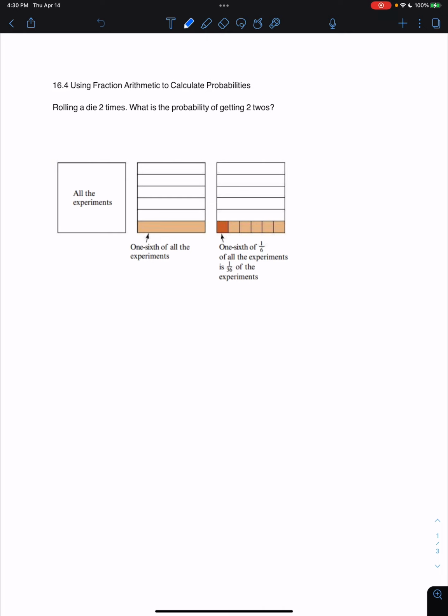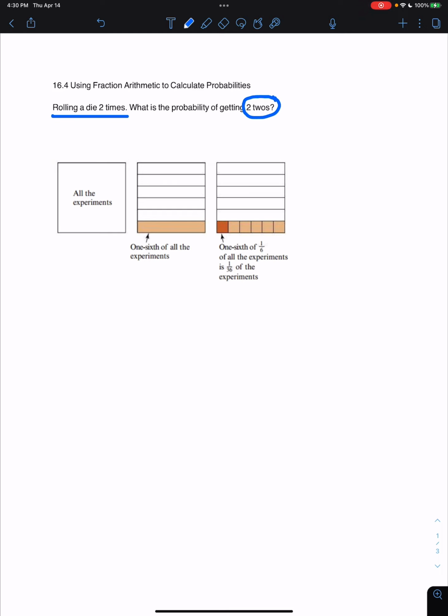So in this situation, we are rolling a die 2 times, and we want to know the probability of getting 2 2s from rolling that die 2 times.